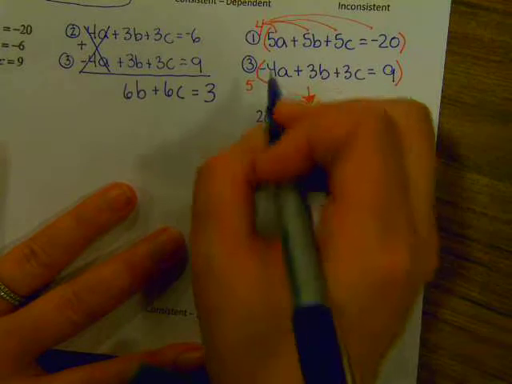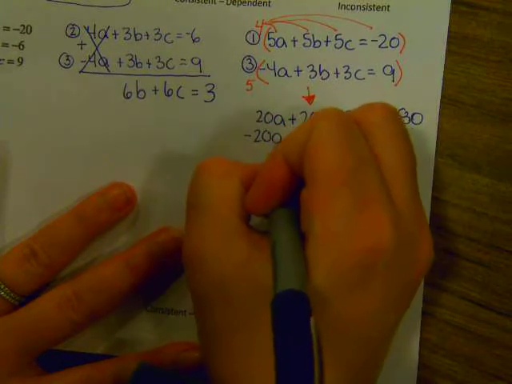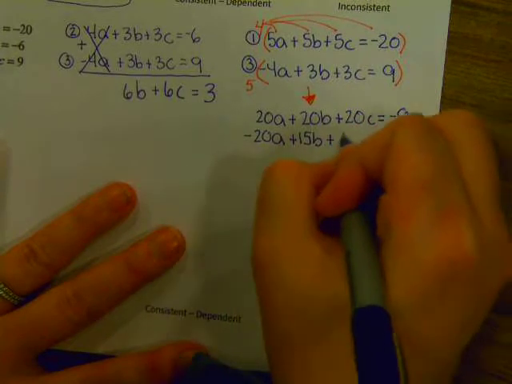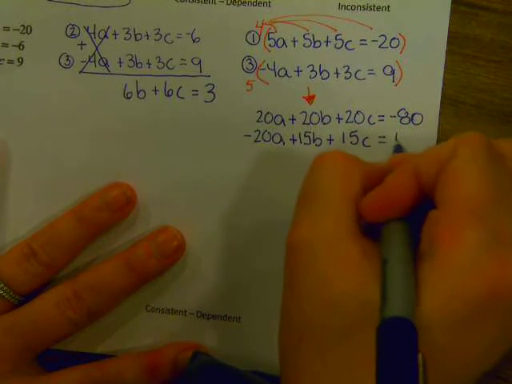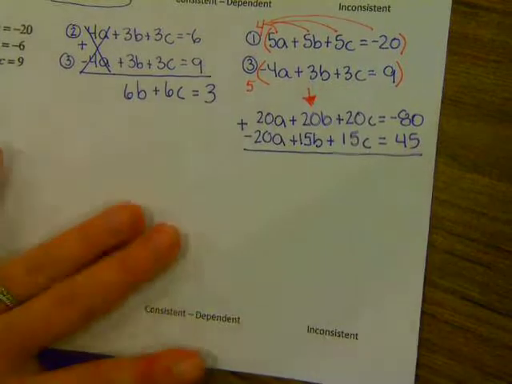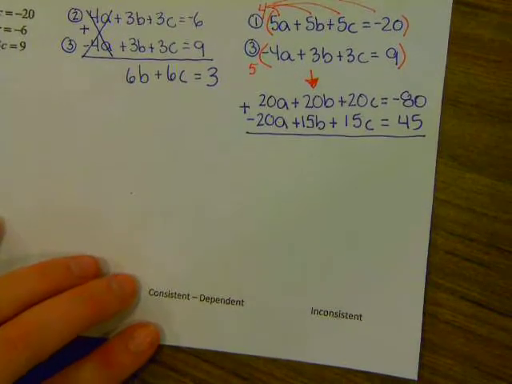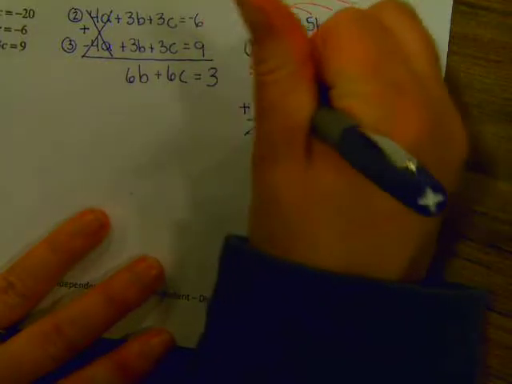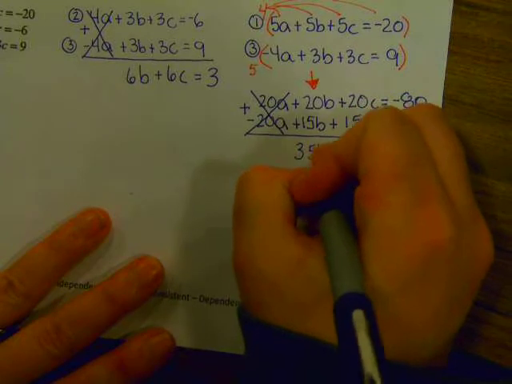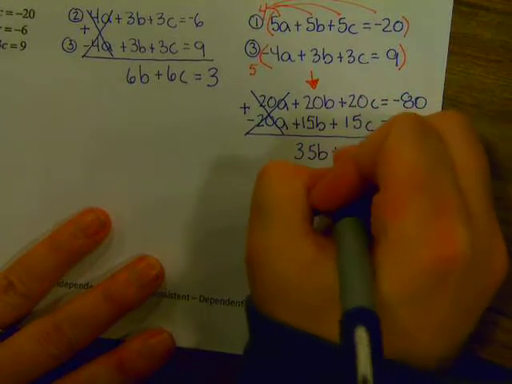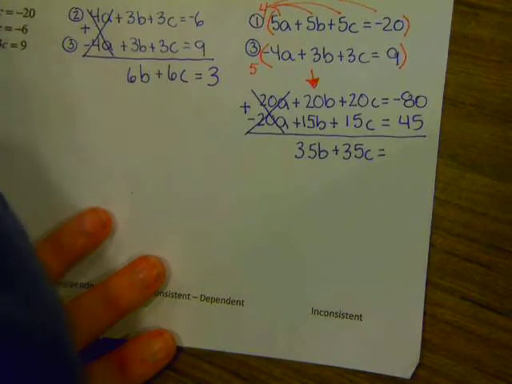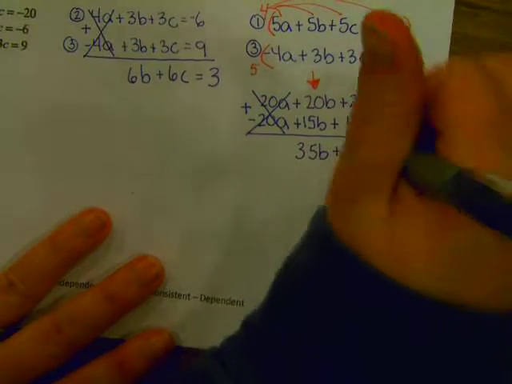Okay, the bottom one, negative 20A plus 15B plus 15C equals 45. And we're going to again add them together. The whole purpose of adding is, notice we eliminate the A again. That's going to be 35B plus 35C equals negative 80 plus 45 is negative 35.